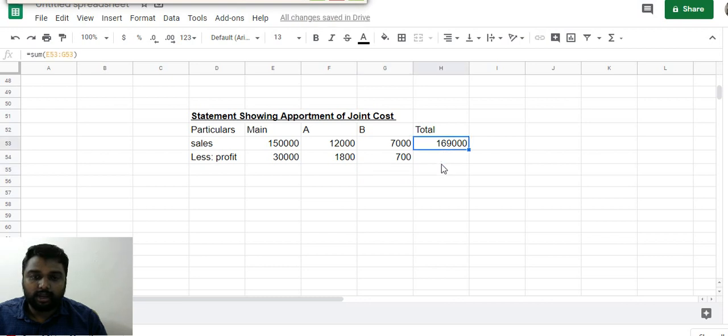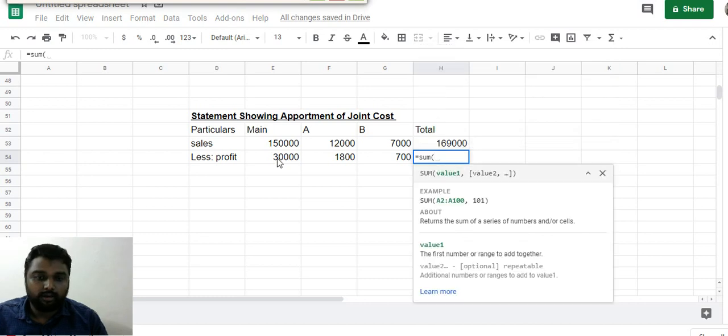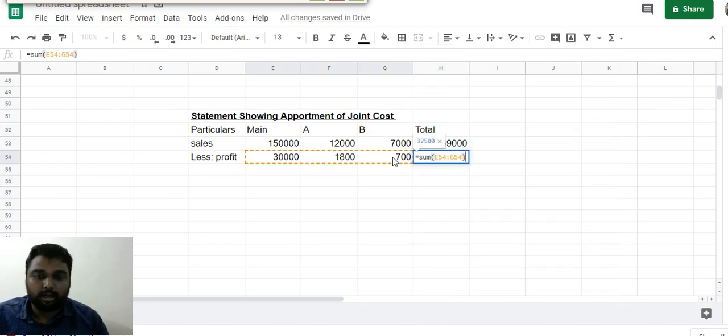So we can get our total profit. This is our total profit.